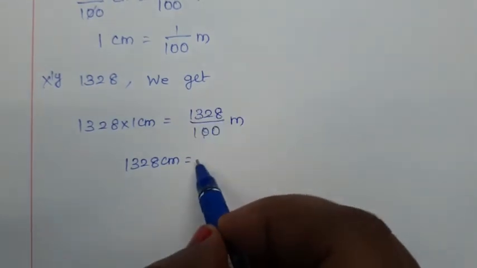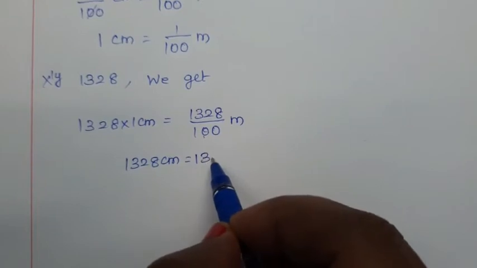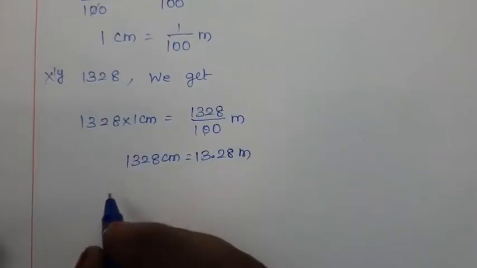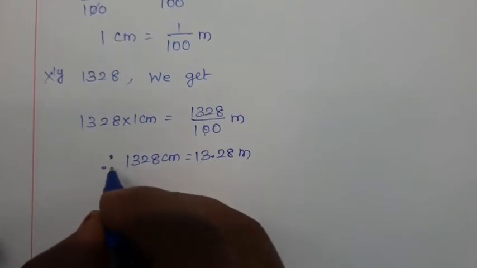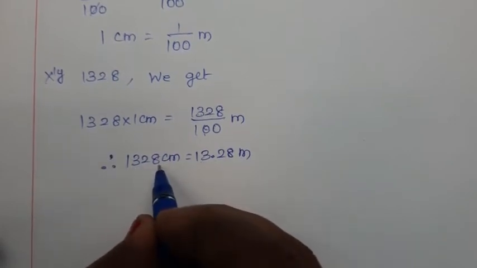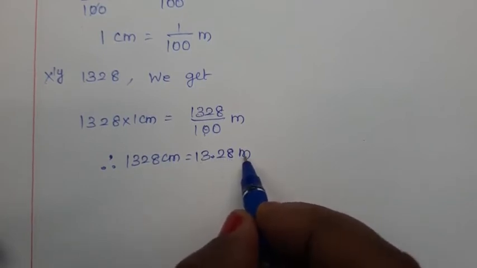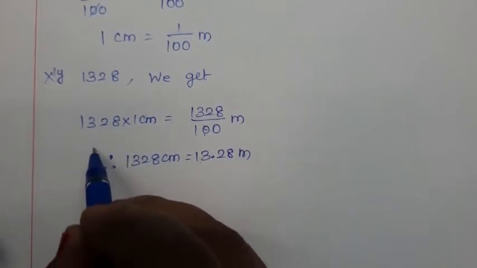We should move the decimal point 2 digits leftward, therefore 13.28. Therefore, 1328 centimeter is equal to 13.28 meter, which is the required answer.